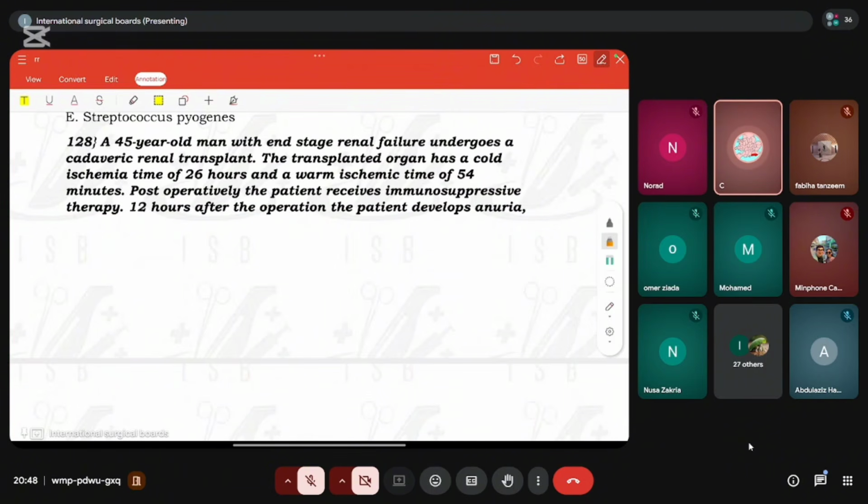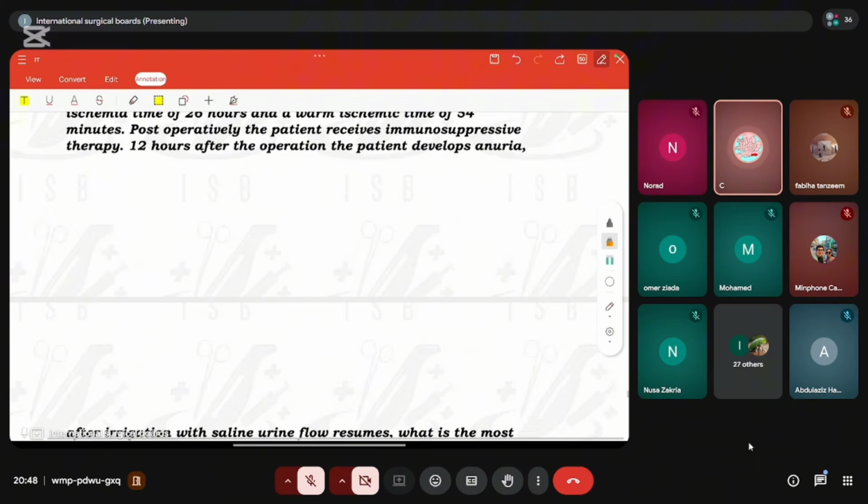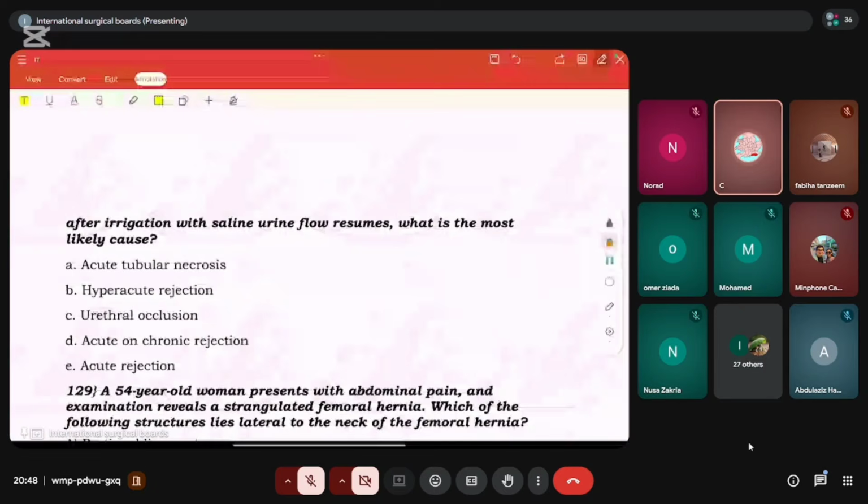Post-operatively, the patient receives immunosuppressant therapy. 12 hours after the operation, the patient develops anuria. I've forgotten the cutoff for how quickly, but 26 hours seems quite a long time. Okay. After irrigation with saline, flow resumes. So that would make you think it was just an occlusion.